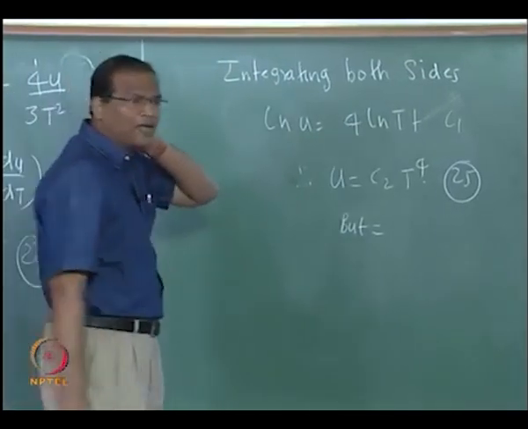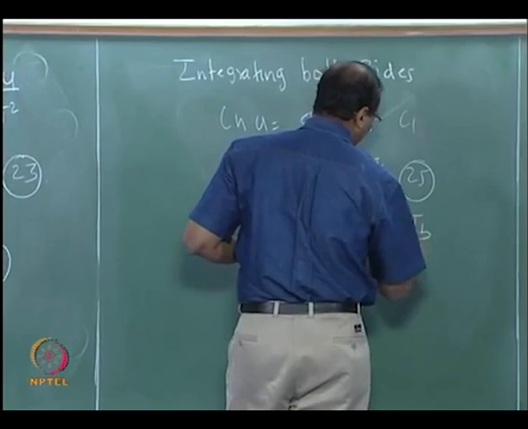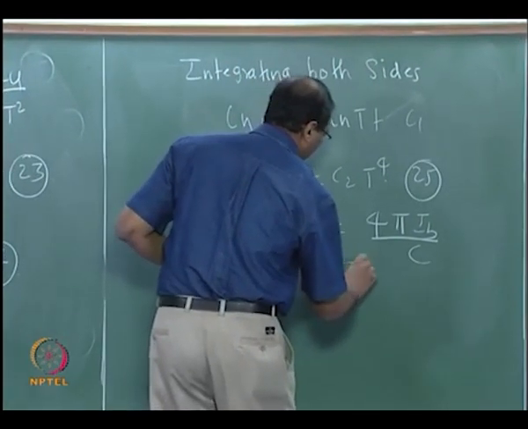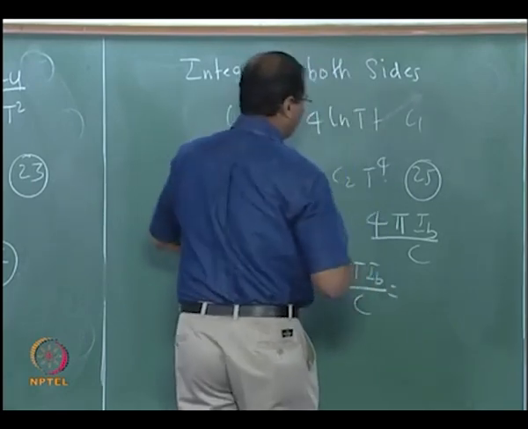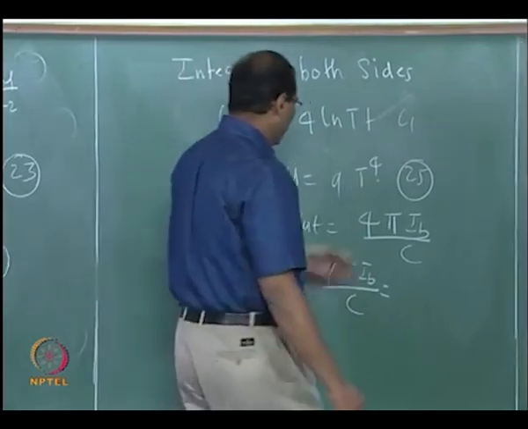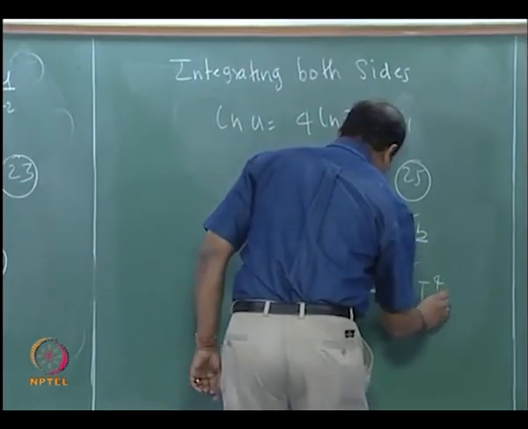U is equal to, in terms of 4 pi I_b by C. I don't like C2, it is bad, I will make it A, it's more fundamental. So 4 pi I_b by C equal to A, alright.